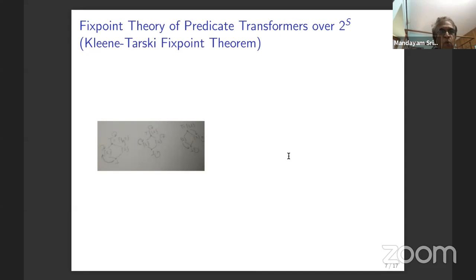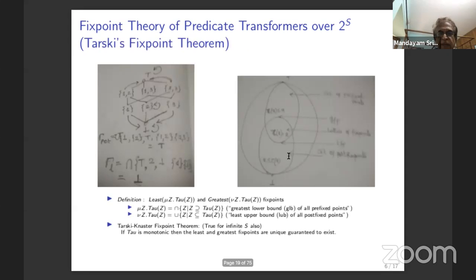But now I want to introduce another theorem. This one just defines and proves the existence of these fixed points, defined as the greatest lower bound and least upper bound of the prefix and postfix points. The entire thing is proven on sets.